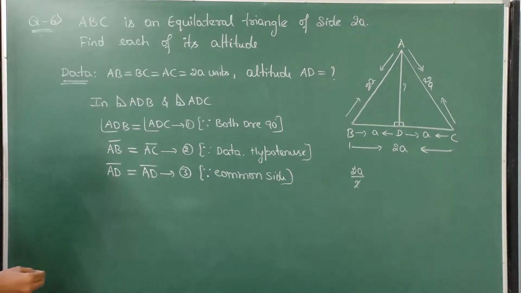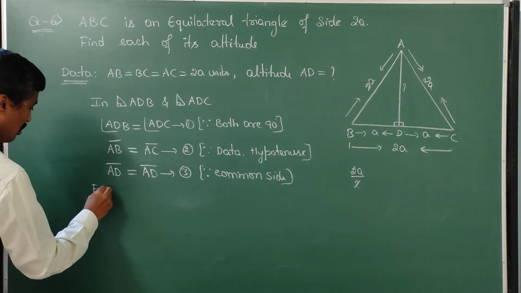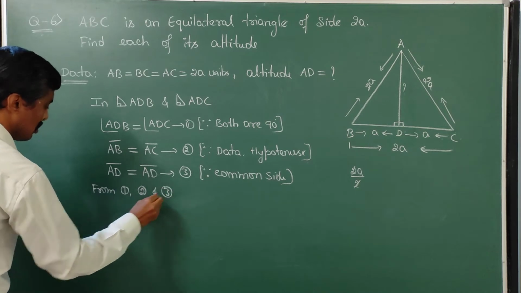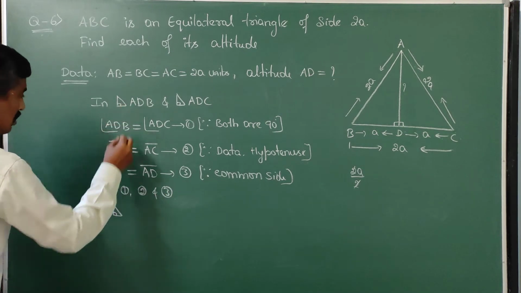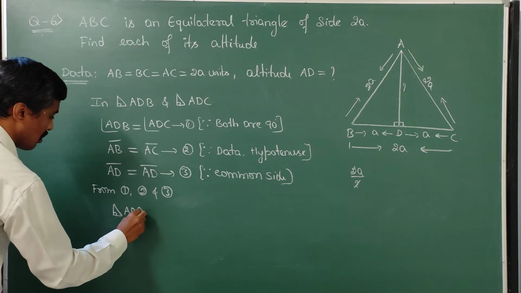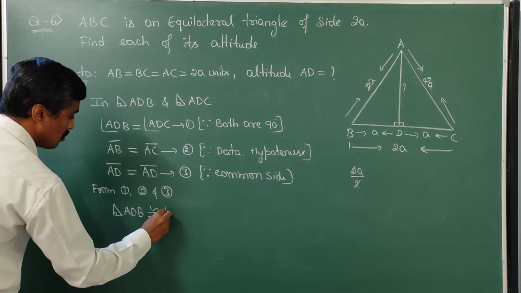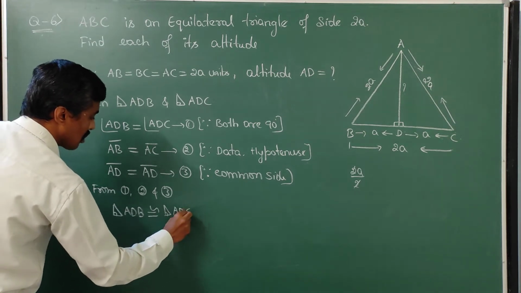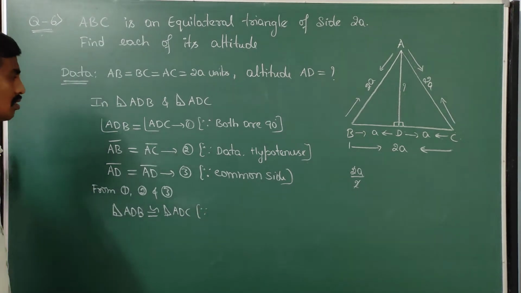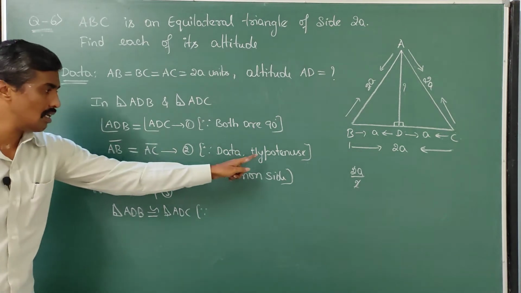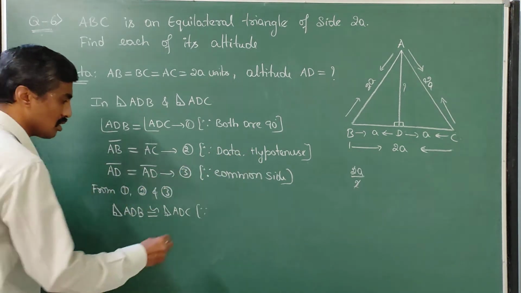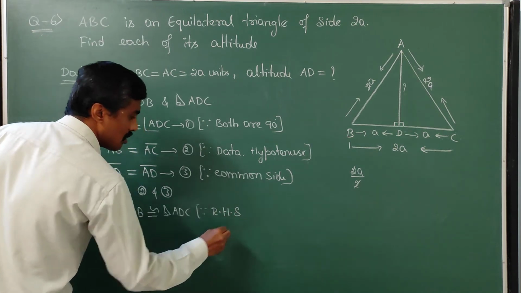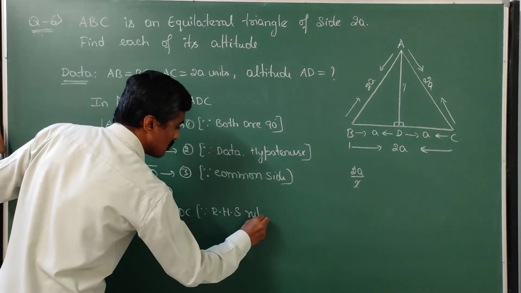So from these 3 points, from point number 1, 2 and 3, our right angle triangle ADB is congruent to right angle triangle ADC. So according to right angle, hypotenuse and side, that is the RHS rule of congruence.